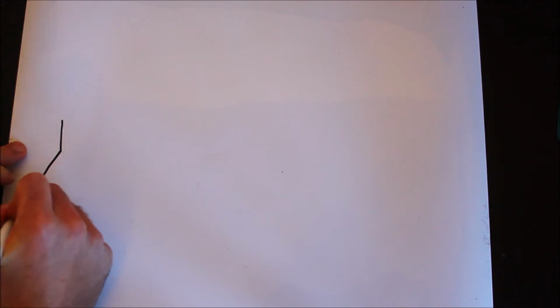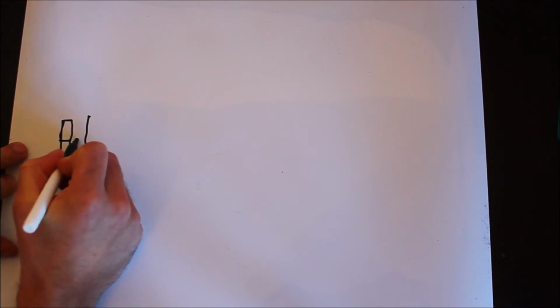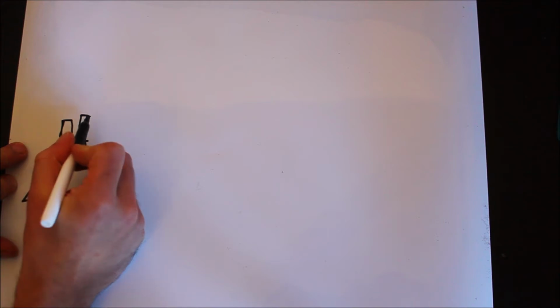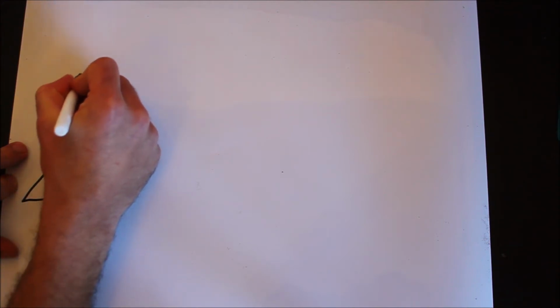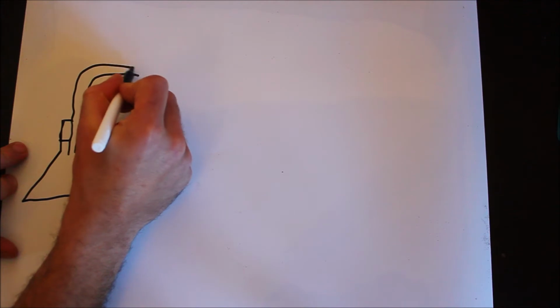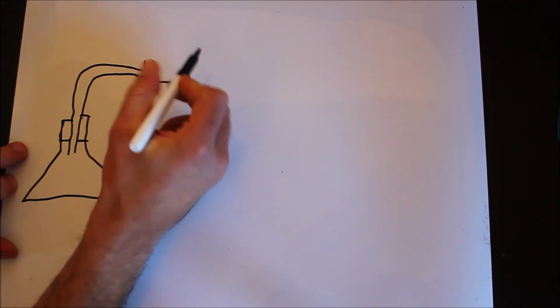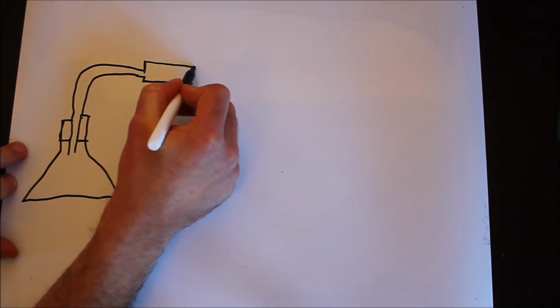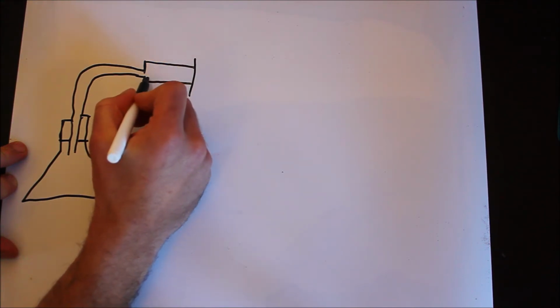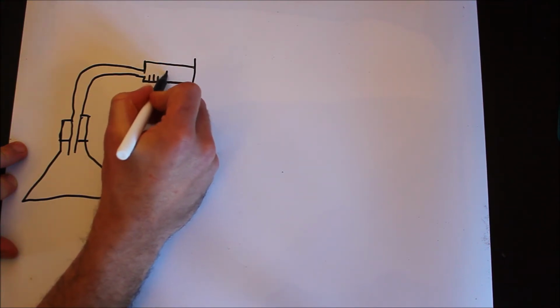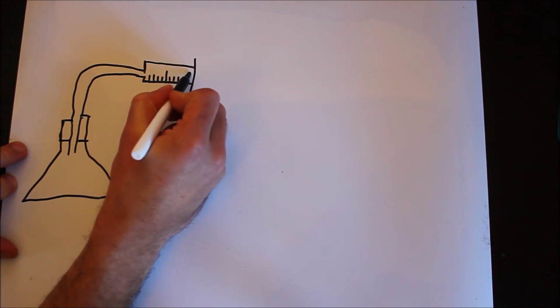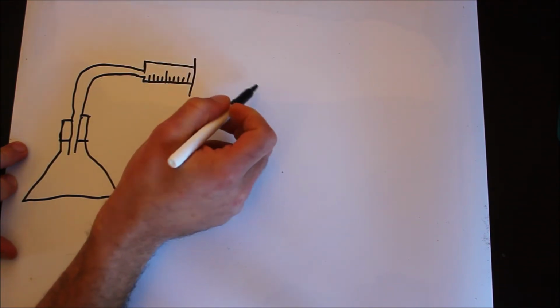And again, just like in the first one, we're going to use a conical flask for our reaction vessel, except this time, instead of putting some cotton wool in the top, we're going to put a rubber bung that's got a tube that comes down into it, a delivery tube, and then this delivery tube is going to carry on and it's going to go out at an angle and into a gas syringe, which is basically a giant syringe like you might see at the doctor's, except on the side we've got graduations for measuring our amounts of volume in millilitres or centimetres cubed.